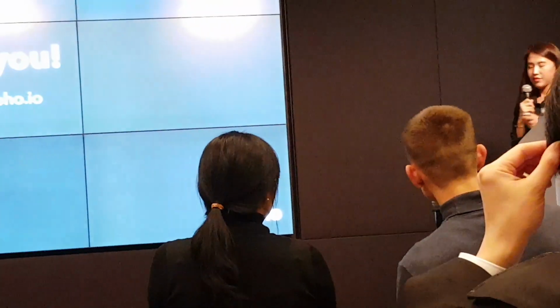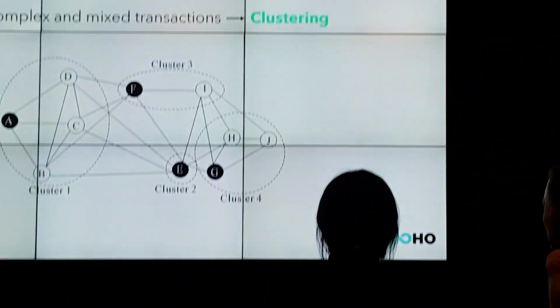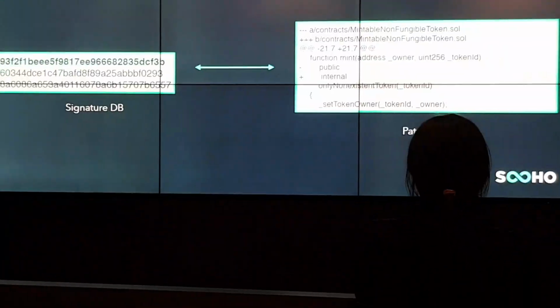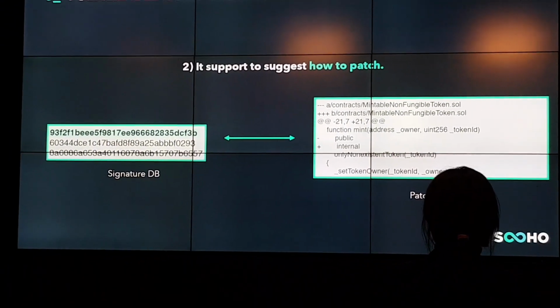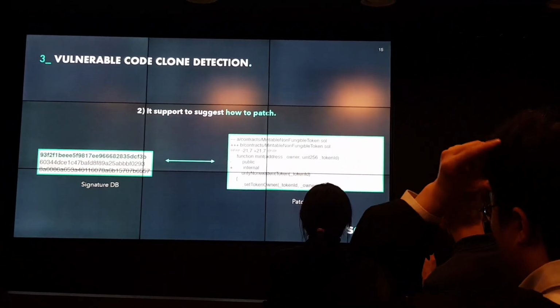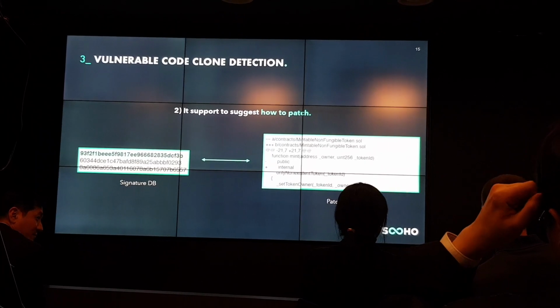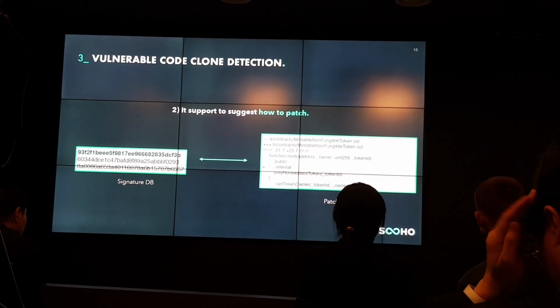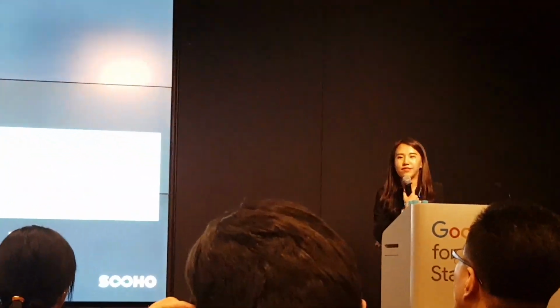We provide how to fix it, so a developer can revise their code based on that. Okay, but this is just you doing this manually, right? No. By comparing the patch DB and signature DB, we provide the patch method automatically. Okay, that's interesting.